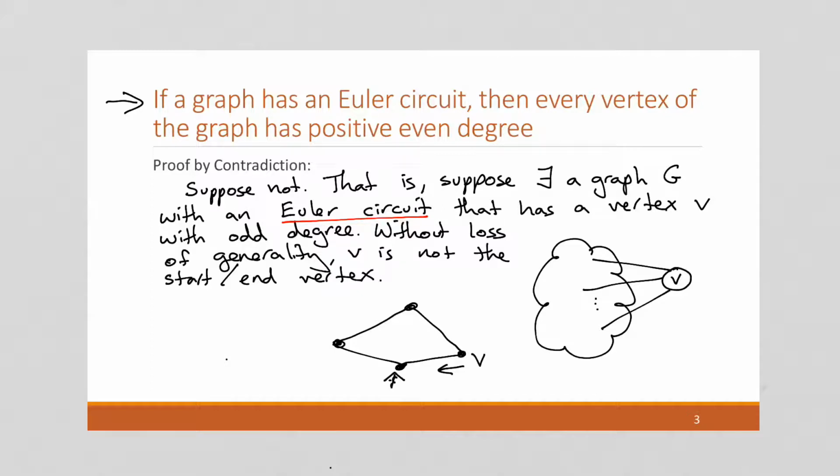It's a circuit, so whether it starts at V or not, it's going to cover all of the edges. So if V was originally a start endpoint, we're going to pick a different start endpoint. Any of the vertices on the circuit could be the stop endpoint. Let's leave V out of it.